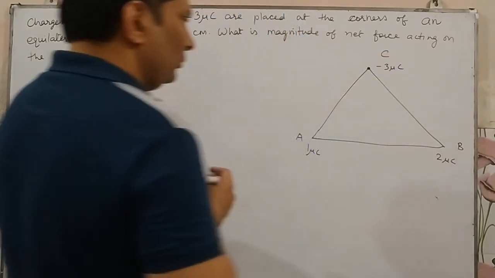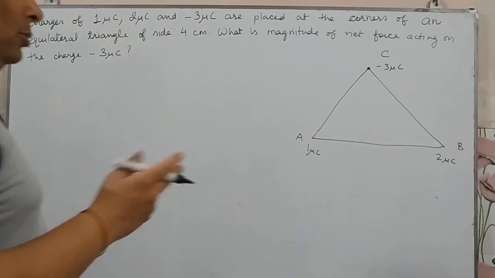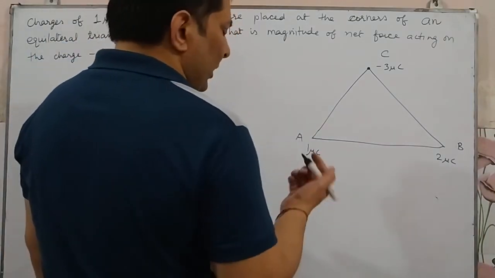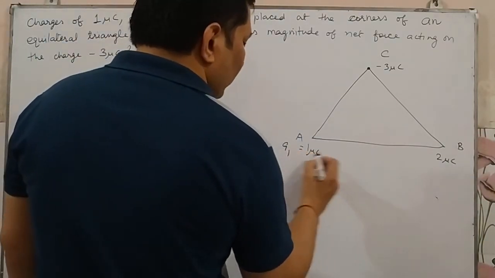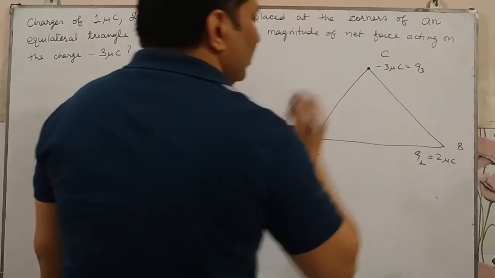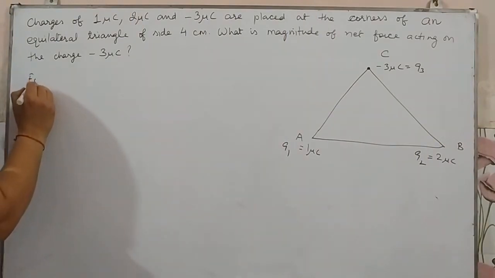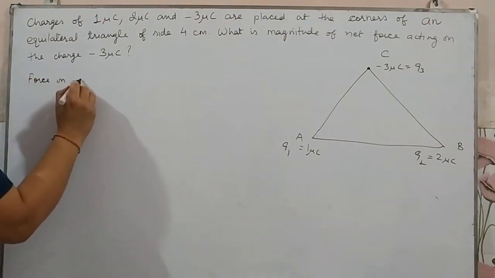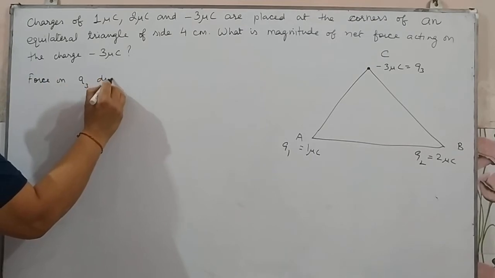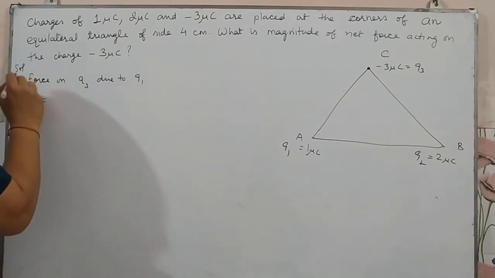Now we need to find the total force at point C due to the charges at point A and point B. So first of all, let us name the charges as Q1, Q2, and Q3. Fine. So the force on Q3 due to Q1, this is our solution.